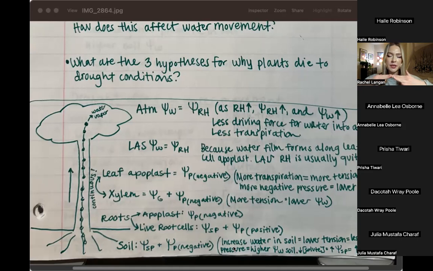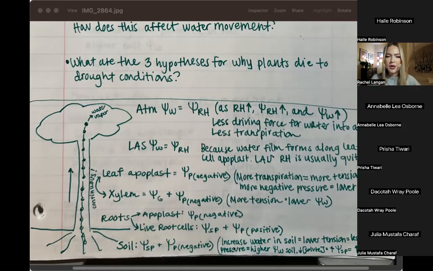So the pressure potential becomes less negative. Like we talked about in class, that has to do with the radius of menisci. As you increase the water, the radius is going to become really big. That's low tension, less negative.